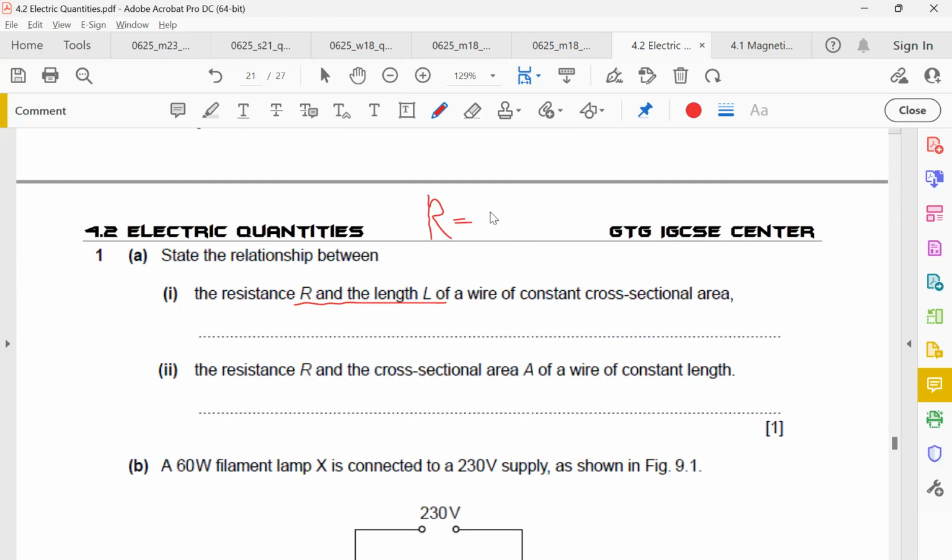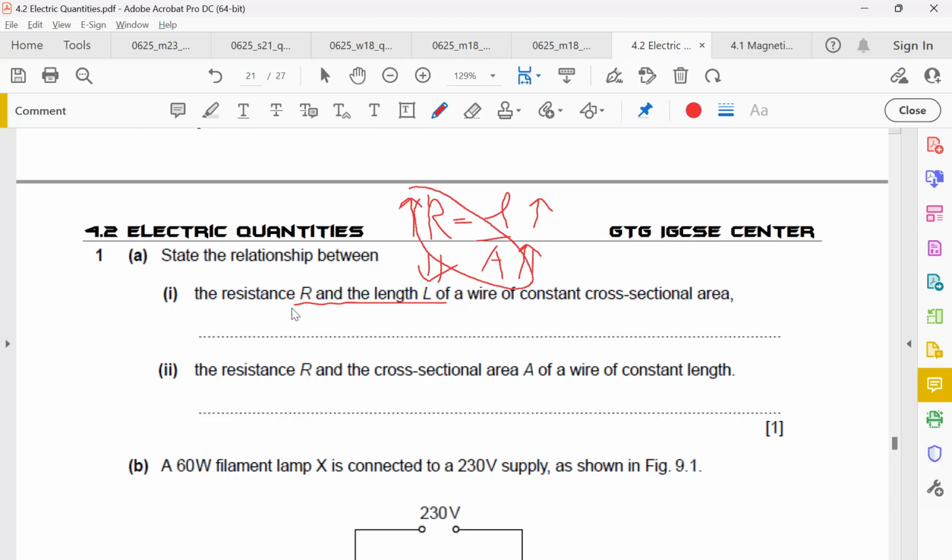Is it you? It's length over area. Very good. As the length increases, your resistance is obviously going to increase. As your area increases, your resistance will... what? Decrease. It's inversely proportional.